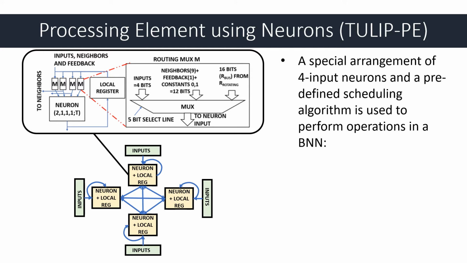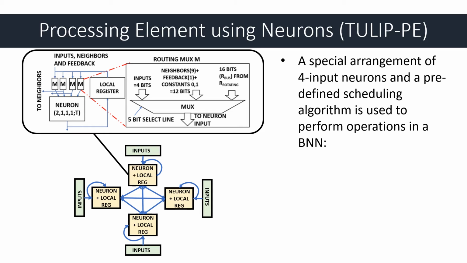We will now show how a processing element is constructed. It's constructed using 4 neurons connected to each other. We call this processing element a TULIP-PE. Each neuron is also connected to a local register from which data can be accessed or written to.